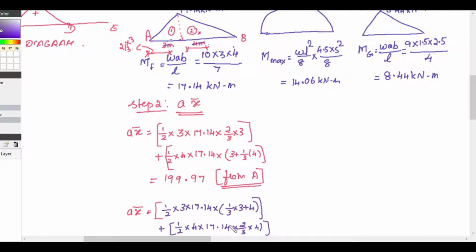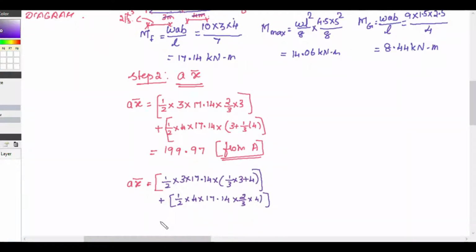So we get this A into X bar is equal to 219.96 and this A into X bar is measured from B.